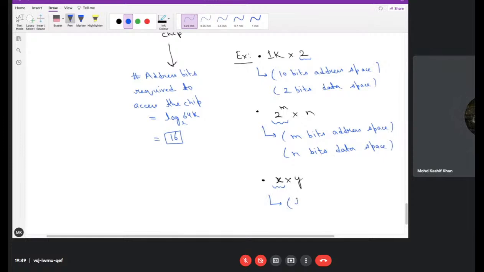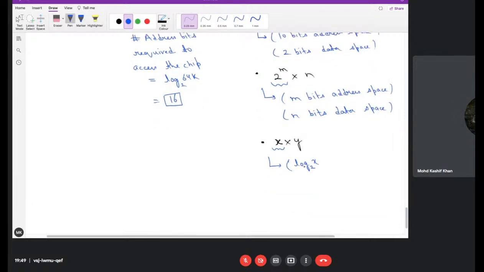So log x base 2 bits is the address space, and in each cell there will be y bits, right? So y bits is the data space.